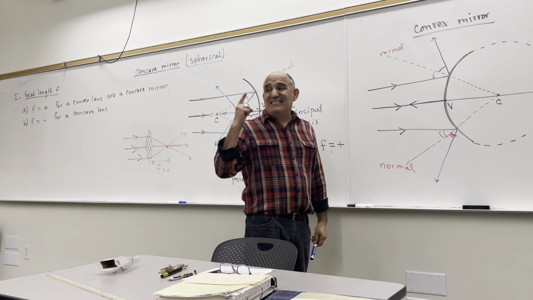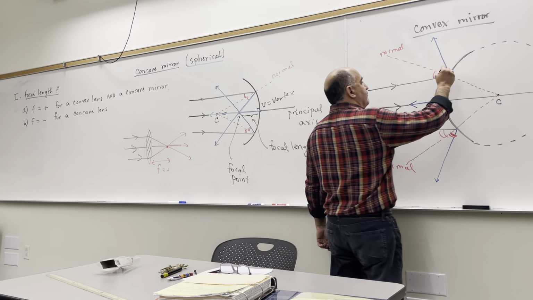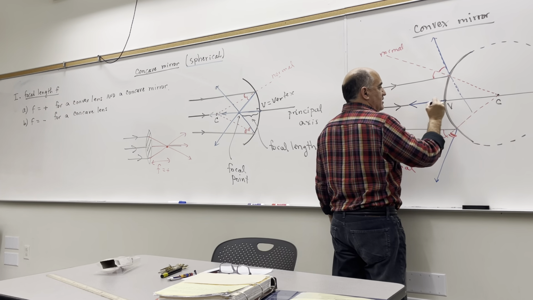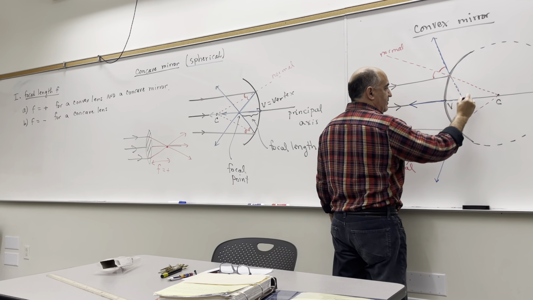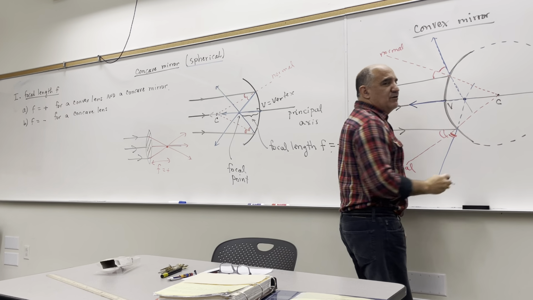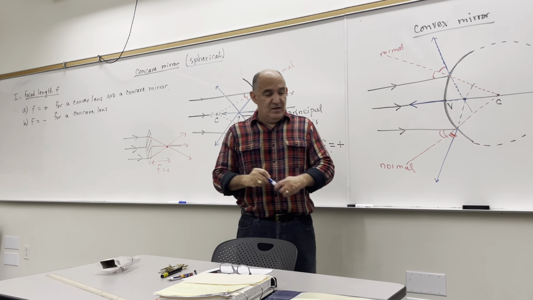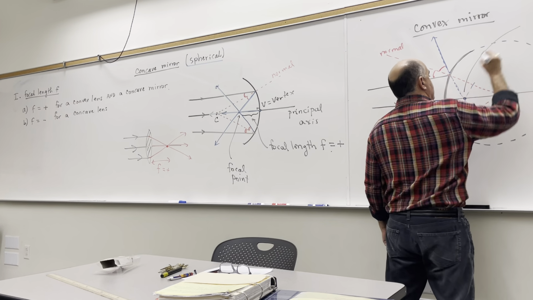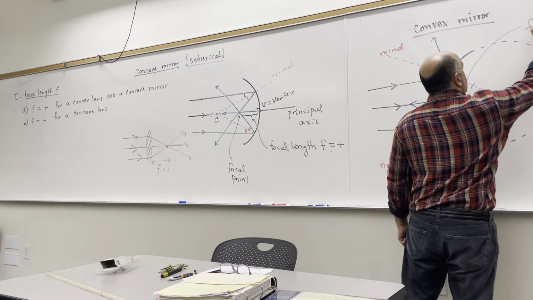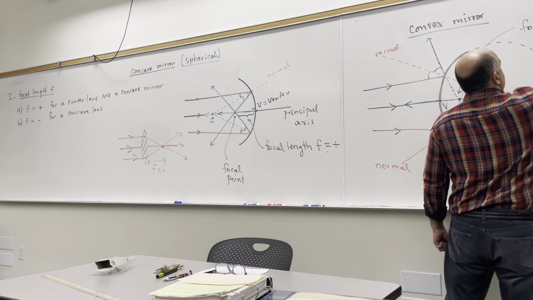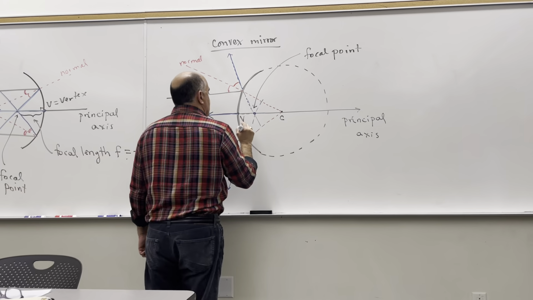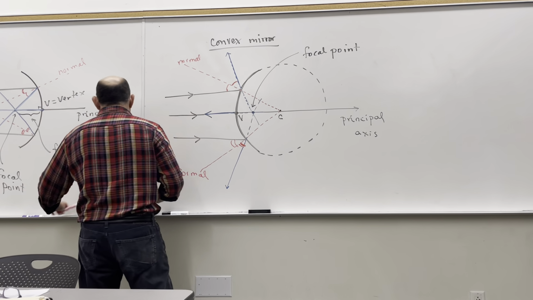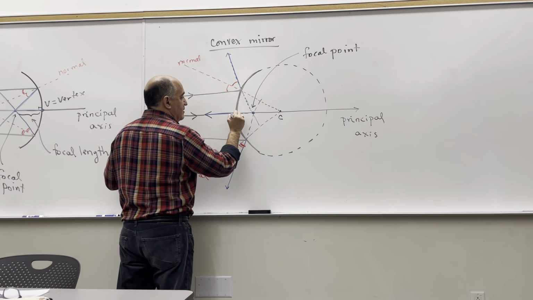But they seem to come from, like this one seems to come from here, this one from there, and this one from there. Notice that they seem to come from that point, but they don't. So that point is defined as the focal point, and the distance from that focal point to the vertex is defined as the focal length. So this distance over here.